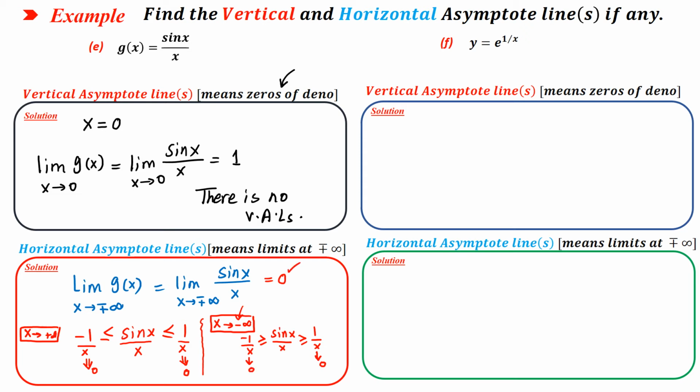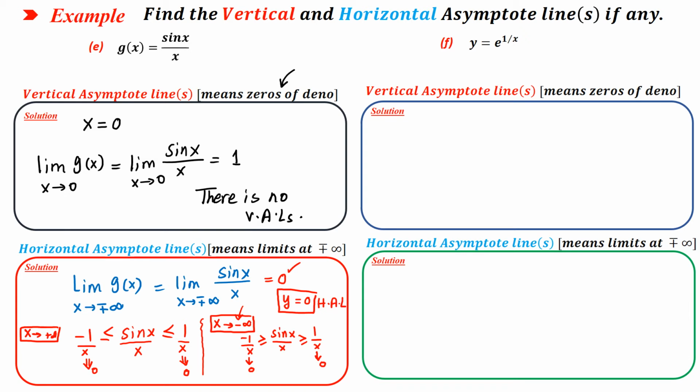So in the two cases, by the squeeze theorem, the limit of sine x over x when x goes to positive and negative infinity equals 0. So we have y equals 0 as the horizontal asymptote line for this question.